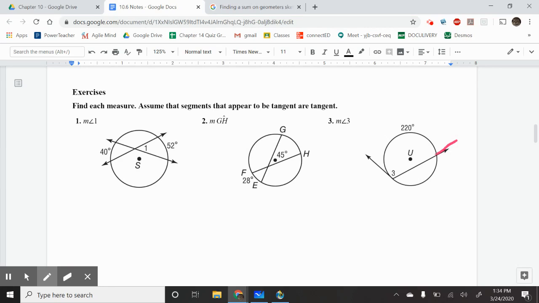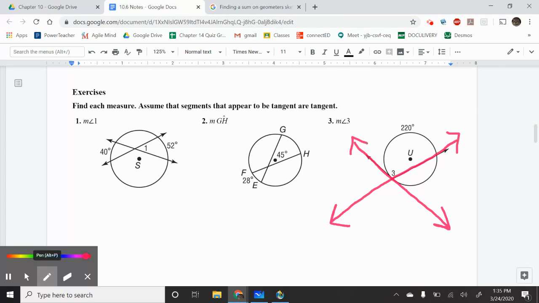If you take this ray and turn it into a line, and you take this ray and turn it into a line, we actually do have an intersection. It's not really secants, but we do have an intersection. One of them's a secant, one of them's a tangent, but the idea is exactly the same. So let me show you what I'm looking at.